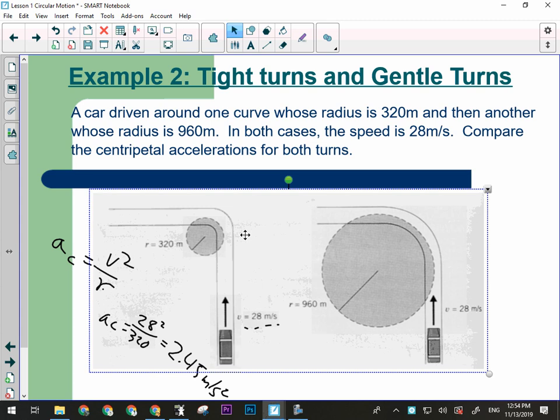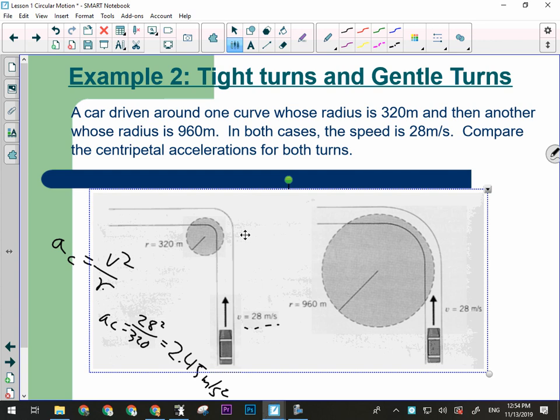Okay? All right. Centripetal acceleration for this second corner. It's much wider. I'm still taking it really fast. 28 meters per second is really fast. Okay? But is the acceleration going to be bigger or smaller? Yeah, smaller. How much smaller? Well, the first corner is 320. The second corner is 960. It'll be 1/3.